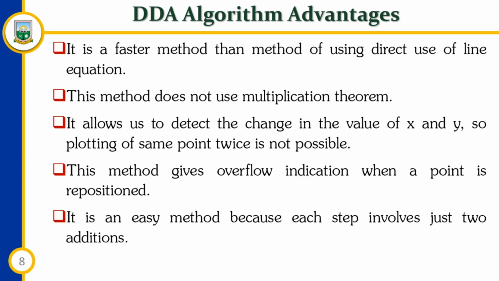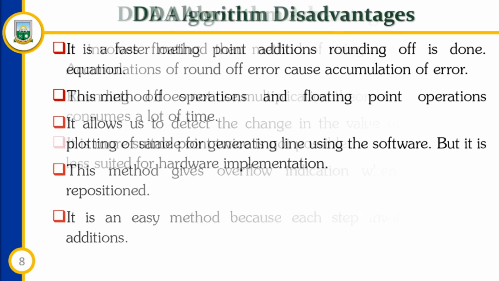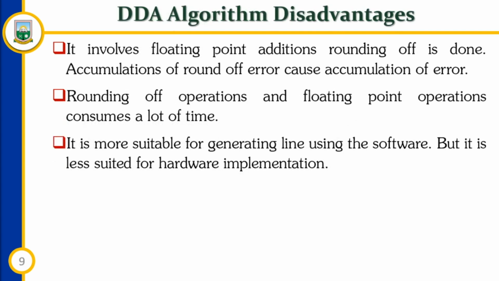Now, apart from these, it also has its disadvantages. The first disadvantage that I want us to talk about is that it involves floating point addition. Rounding off is done.